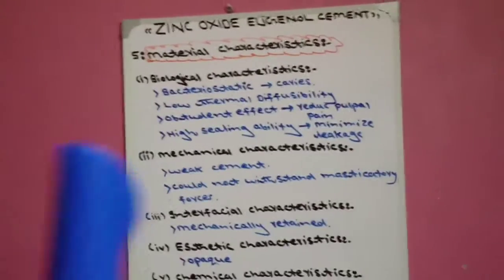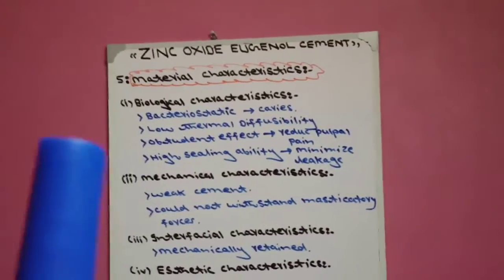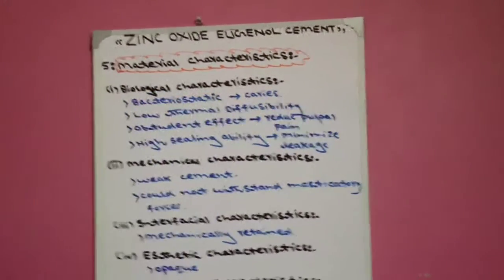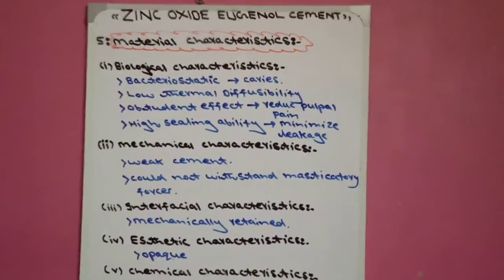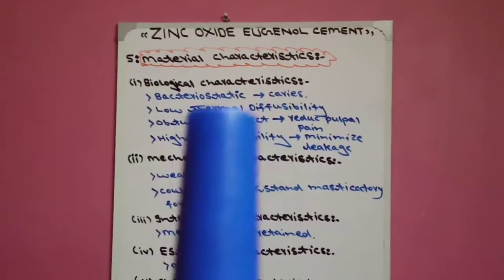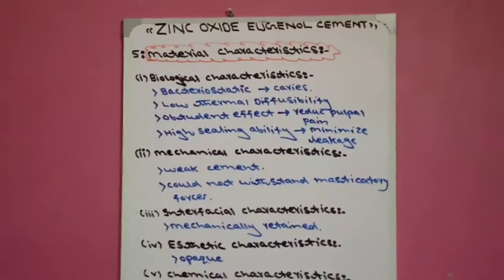In biological characteristics, first, zinc oxide eugenol cement is bacteriostatic, meaning it stops the growth of bacteria in tooth cavities in cases of caries.